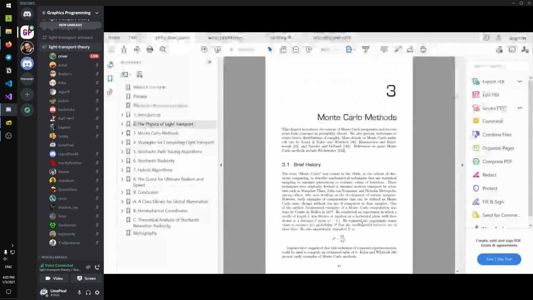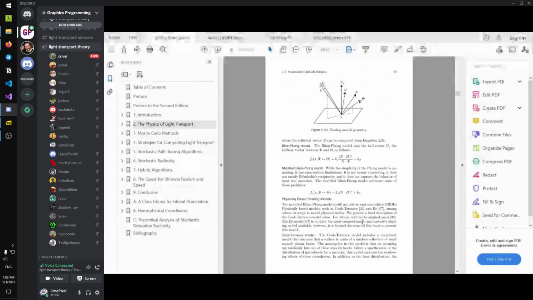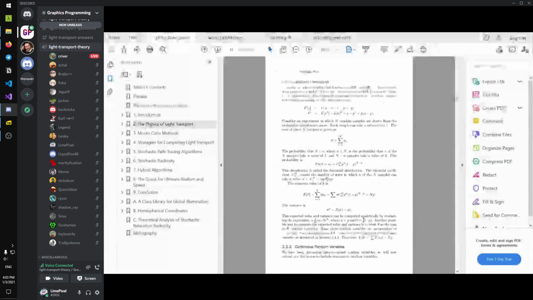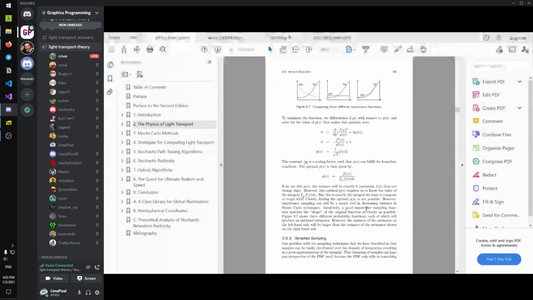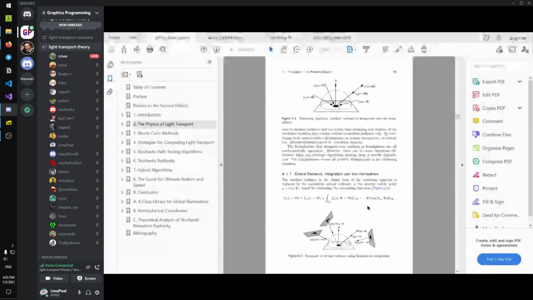So you have light coming from other directions. Let me just find a nice chapter that has a good figure, because I don't have a good figure of this. Okay, here you have it.